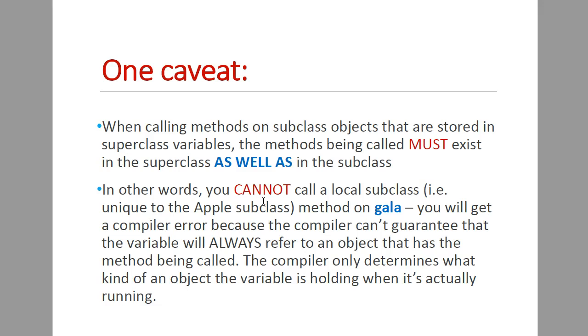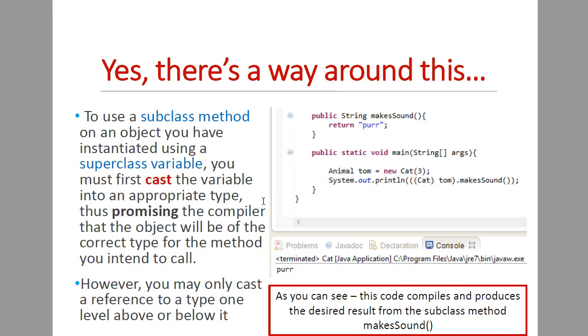What this is saying is that you cannot call methods of the subclass when you assign things into a superclass variable. I think we probably have a better example here. This refers to some slides I showed in chapter 9.1, where you have an Animal class and then a Cat subclass. If I create a new Cat, which is a subclass of Animal, I can assign it into an Animal variable.